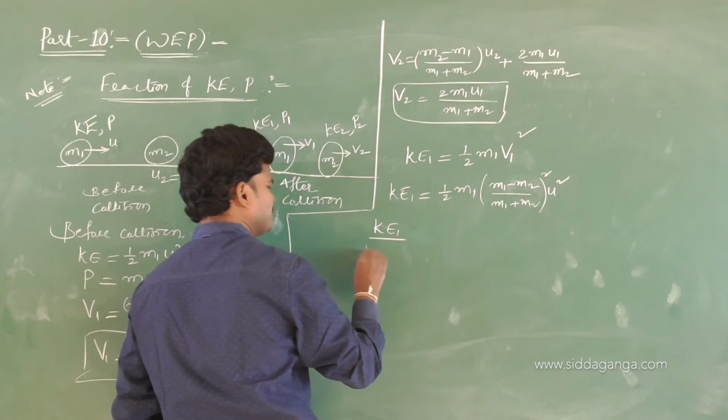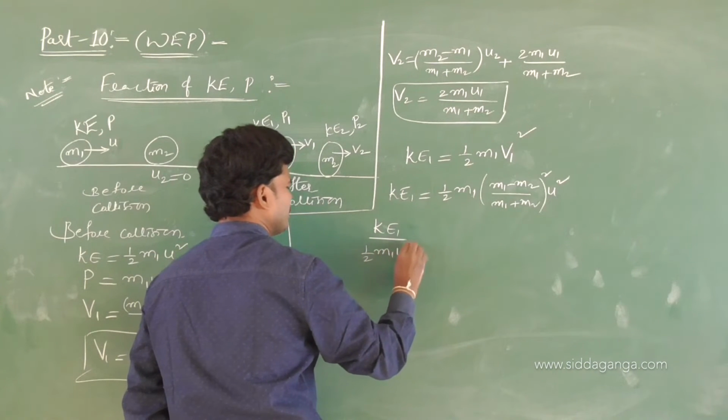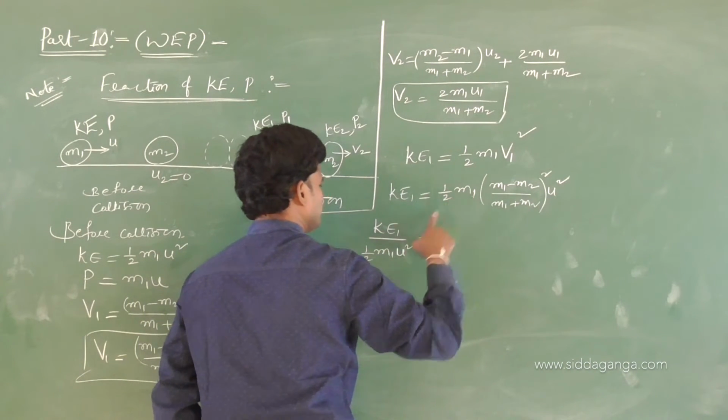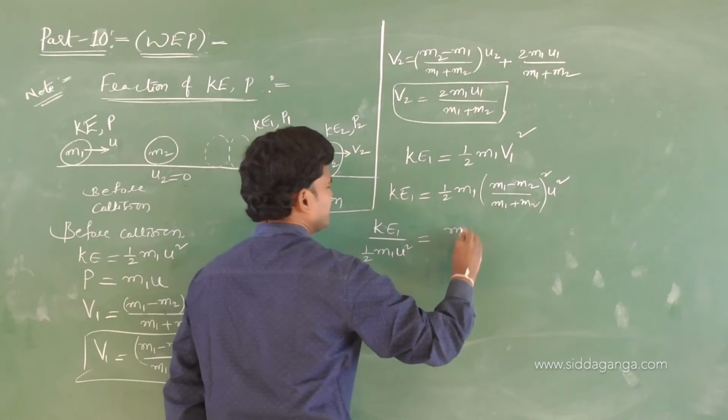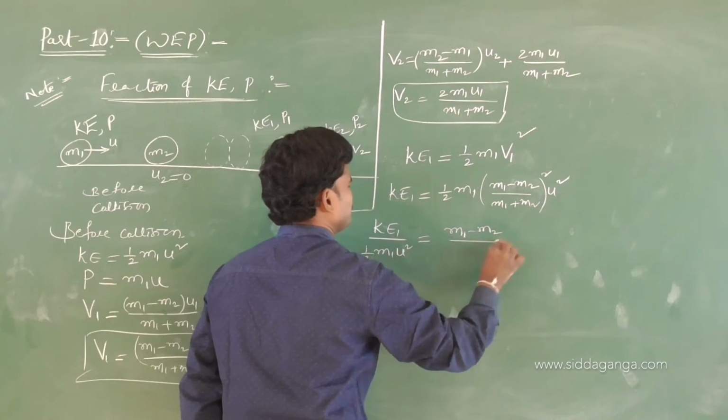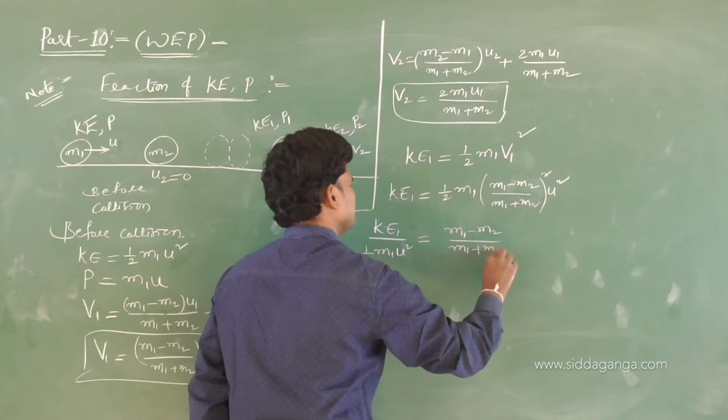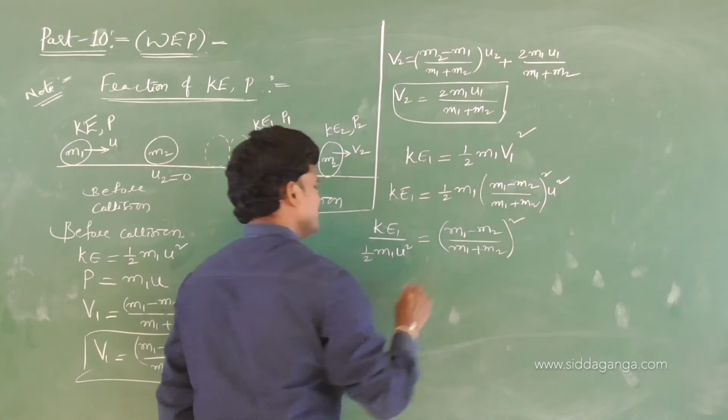Let me take half m1 u square to the left side. On the right side there is m1 minus m2 by m1 plus m2 whole square.